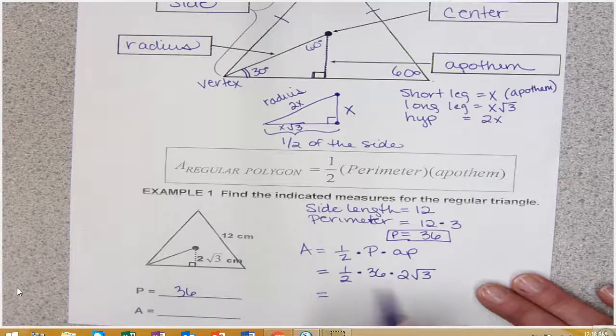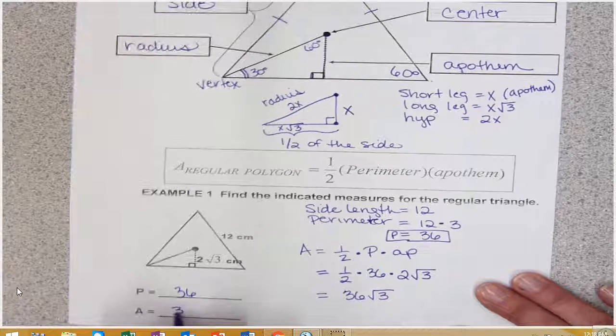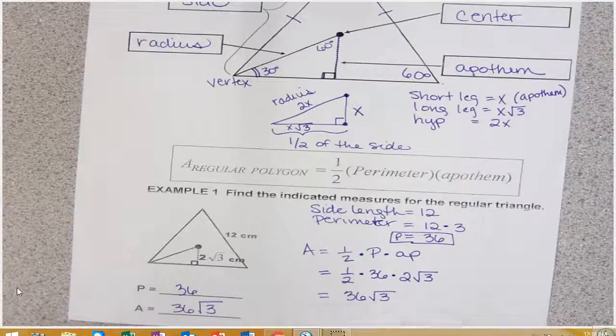So when I multiply those all together, you can do it multiple ways. 1/2 of 36 is 18. 18 times 2 is 36, so 36 square root of 3. Okay?